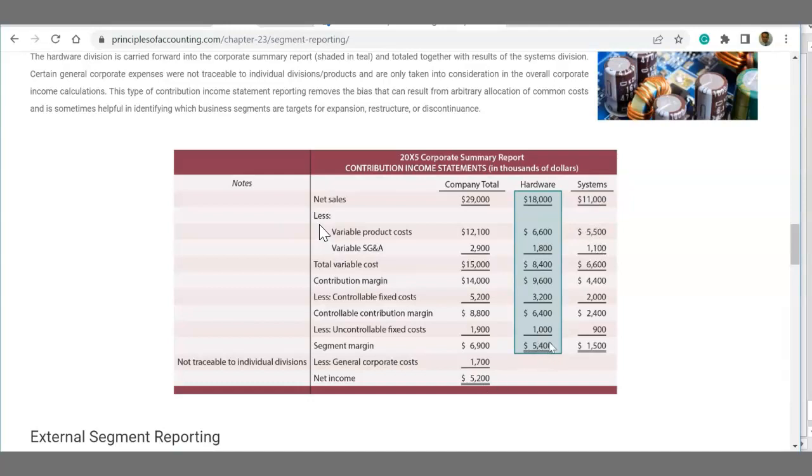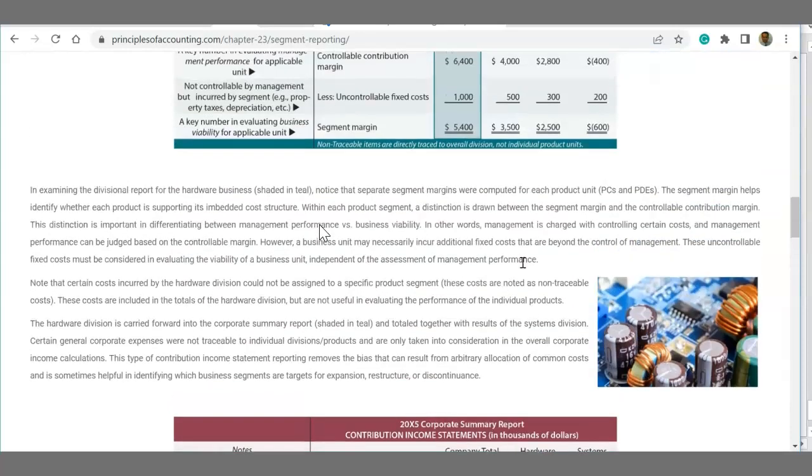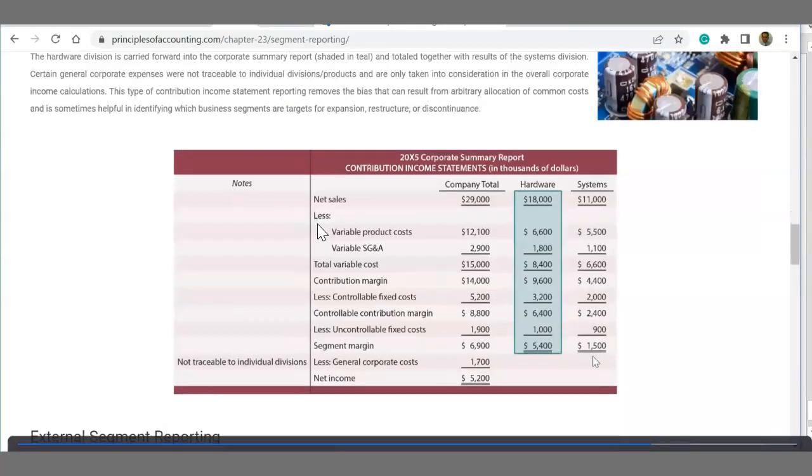And this $5,400 segment margin came from here, as you see. And we have system support, which is $1,500 segment margin. Very good. And we have a total segment margin of $6,900 coming from these two areas.